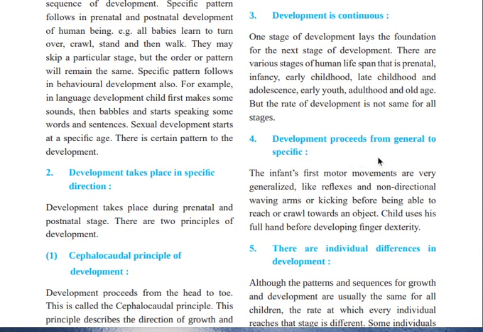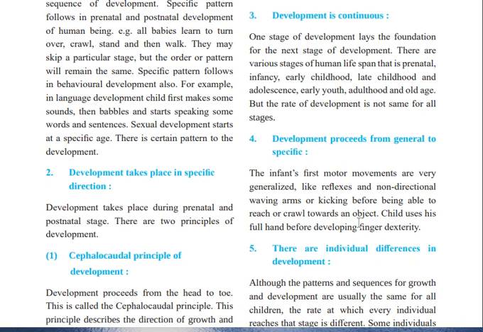Development proceeds from general to specific. What does it mean? It means that in infants, first motor movements are very generalized. The motor movement, which means hands and legs, is very generalized.